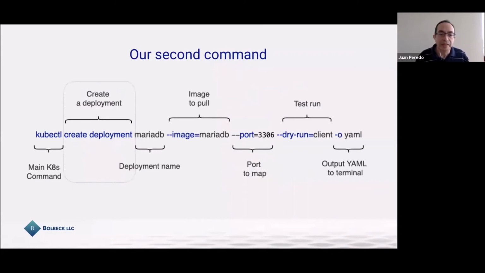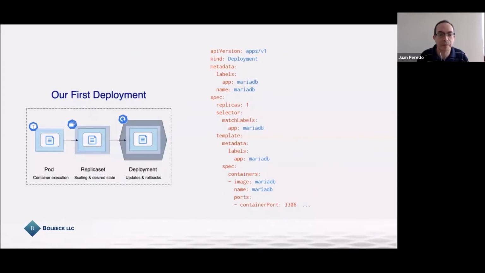But let's create something a little bit more interesting. Let's create a deployment, since that's what we're going to be interacting with most of the time. And it's basically the same command, except that it says create deployment instead of just run. Everything else is the same. And that creates something that's a little bit more complicated, but we can break it down pretty easily.